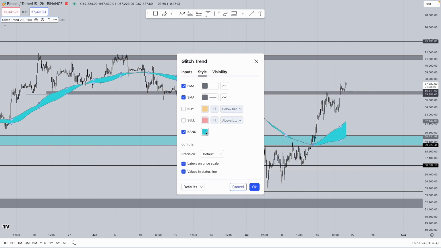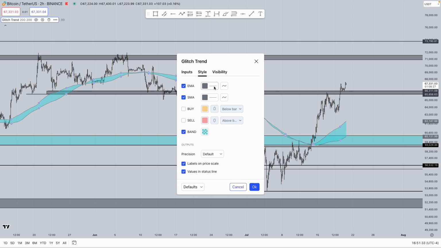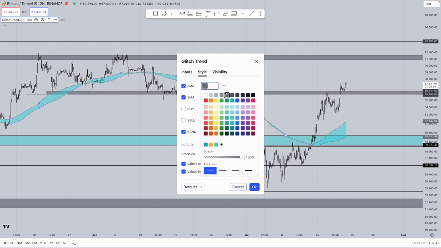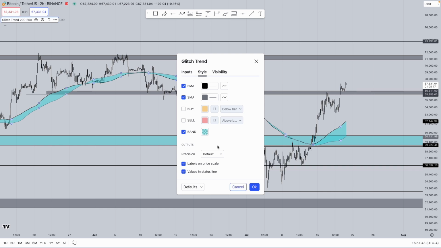If you go in here to the band color, I keep the color the same. I just turn down the opacity to about 45, and then I simply go up here and change this EMA color to black, and then this SMA color, I just keep that a light gray. So that's the basic settings I keep for it.